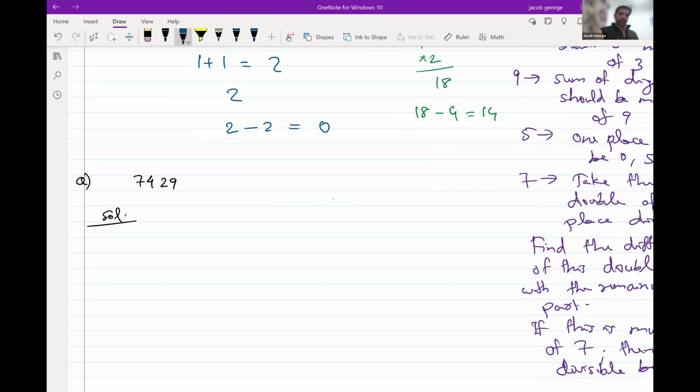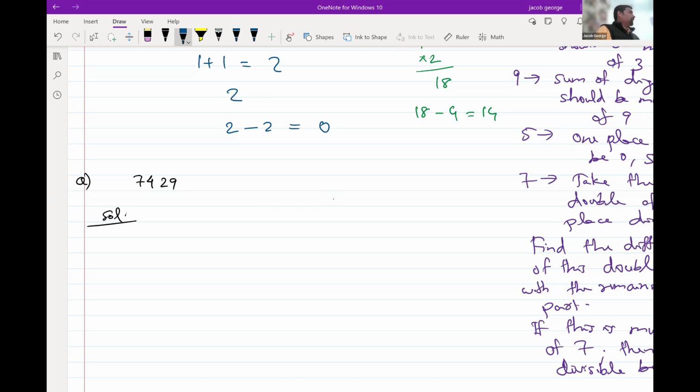Because this is not divisible by 2. Is it divisible by 3? Check the sum. What is the sum? 9 plus 2, 11, 11 plus 4, 15, 15 plus 7, 22. 22, it's not divisible by 3. It is not divisible by 5.